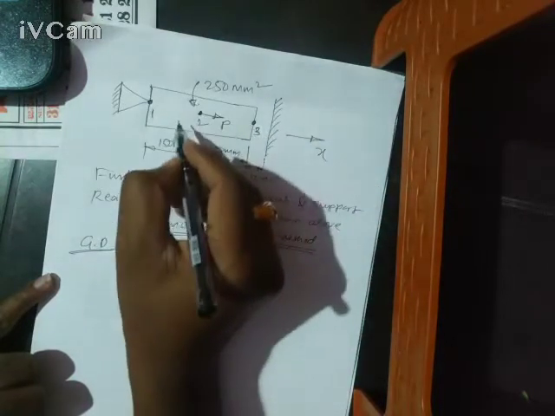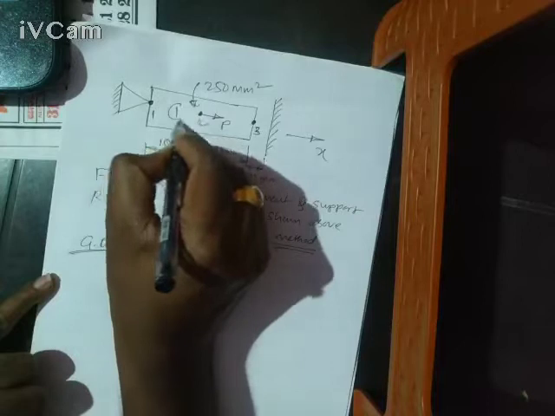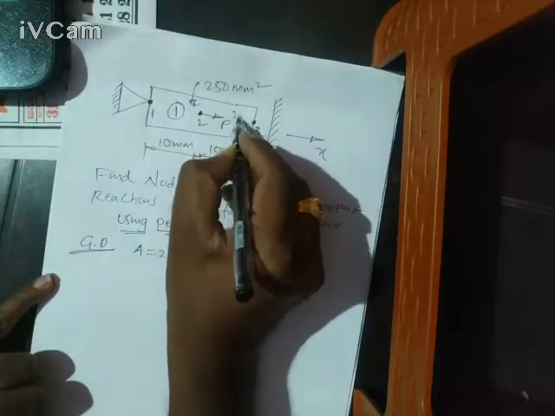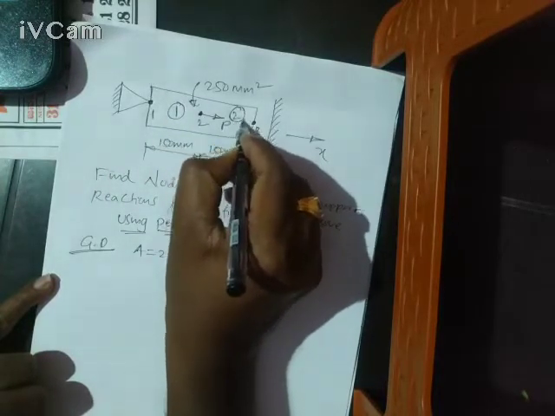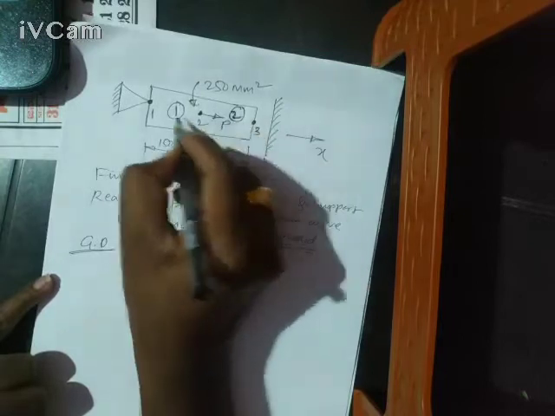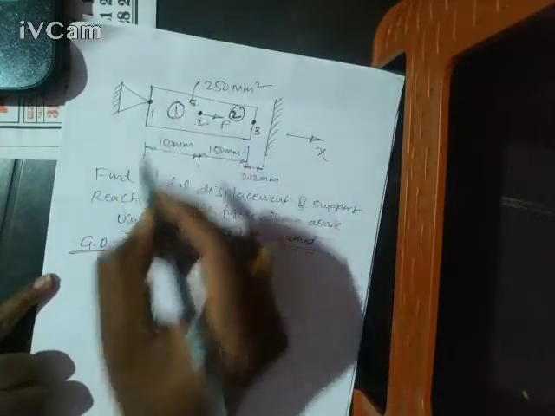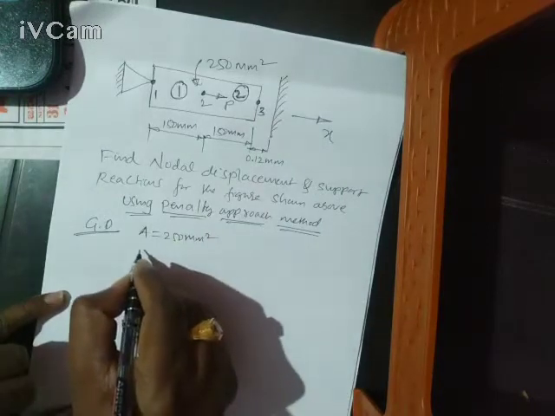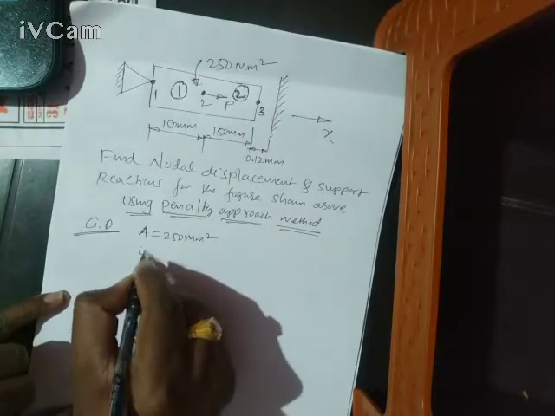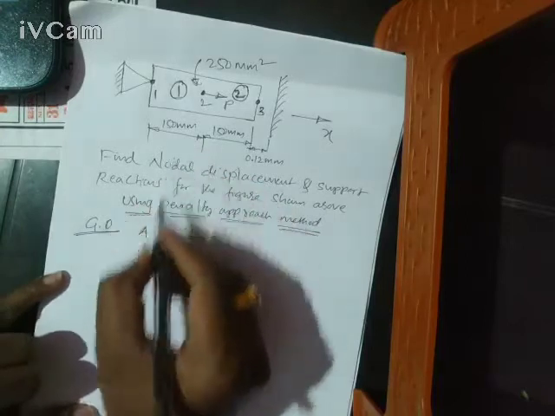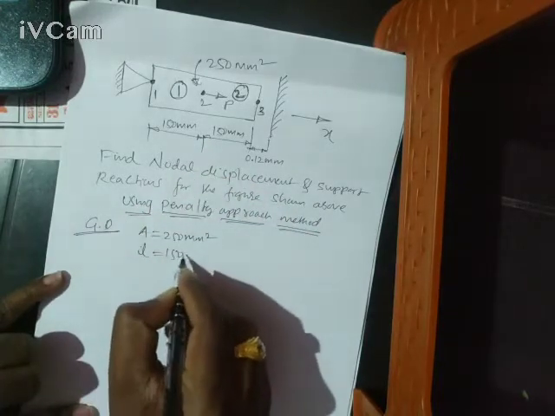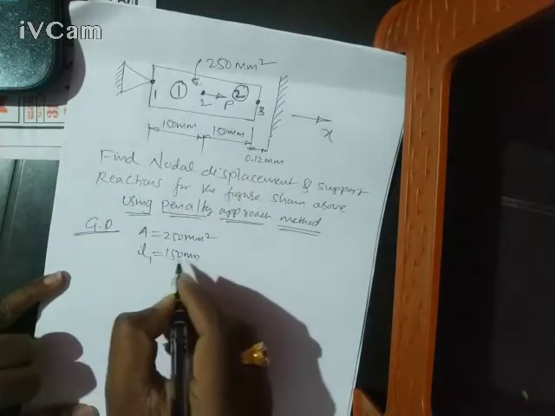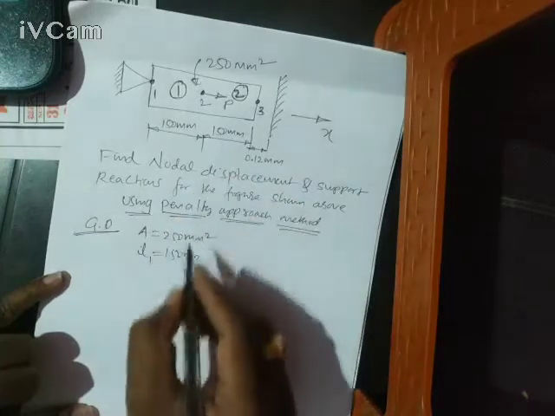Between node 1 and 2 there is one element, between node 2 and 3 another element. So this is element 2 and this is element 1. Now, L1 they have given as 150 mm, which is also the same as L2.